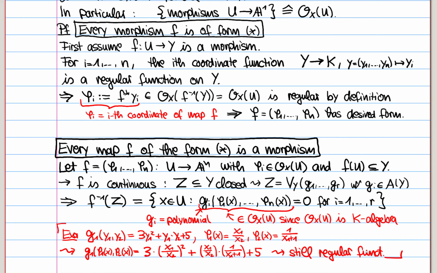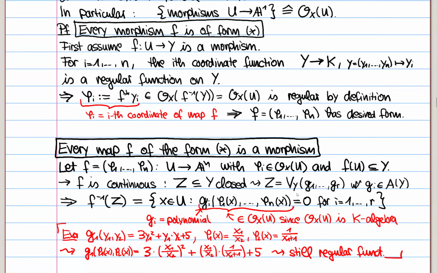And so we assume we have such a map here and all the components are regular functions. Then we check the properties of a morphism. Firstly, we check it is continuous. So for this, let Z in Y be a closed subset.